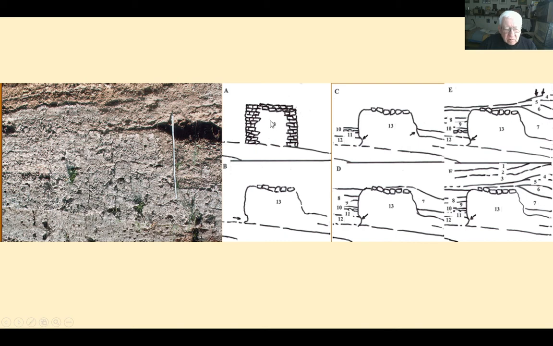Of course, it was much higher. This is A. Next, we observe the first stages of destruction, from destruction of the top of the wall as well as at the base of the wall.